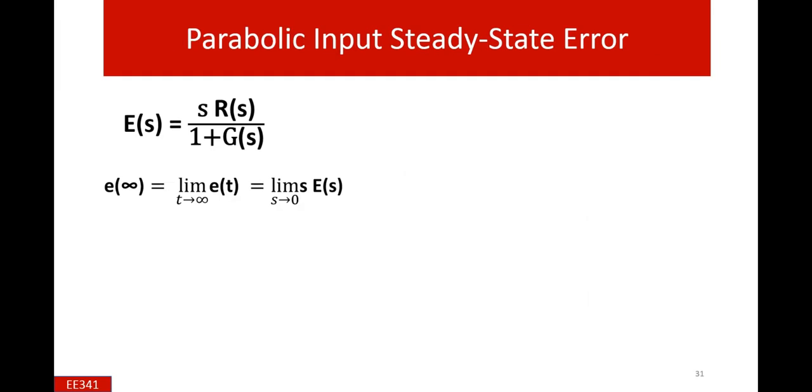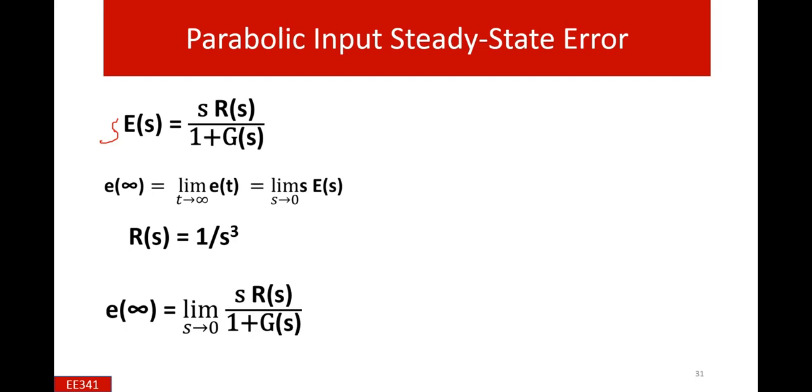So for parabolic input, the steady state error will be, for example, this is s times this one, and if this input is unit parabolic, then the Laplace transform is 1 over s cubed.